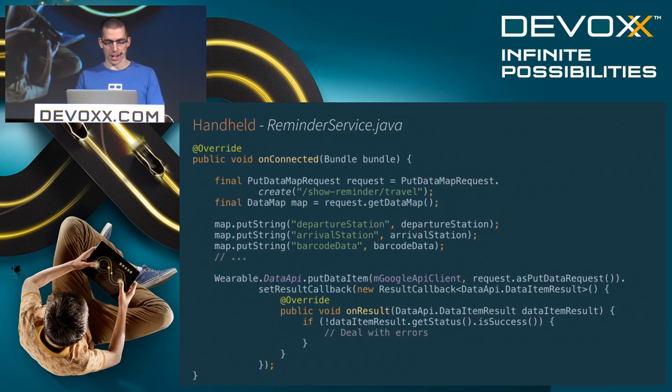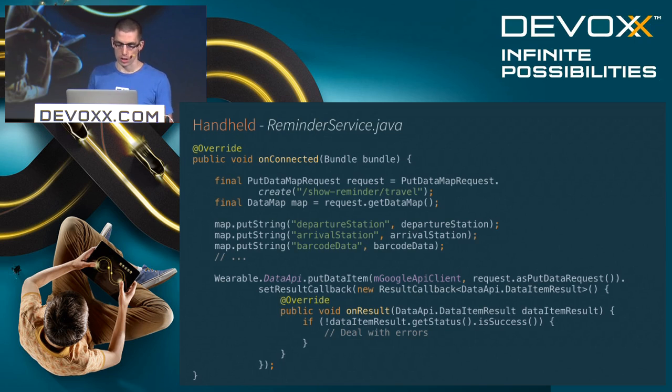Put data, and more specifically the put data item method, requires you to pass the Google API client, because we've created it earlier, and then you pass the put data map request. You can also set a result callback to make sure that the information has been correctly sent to the wearable.